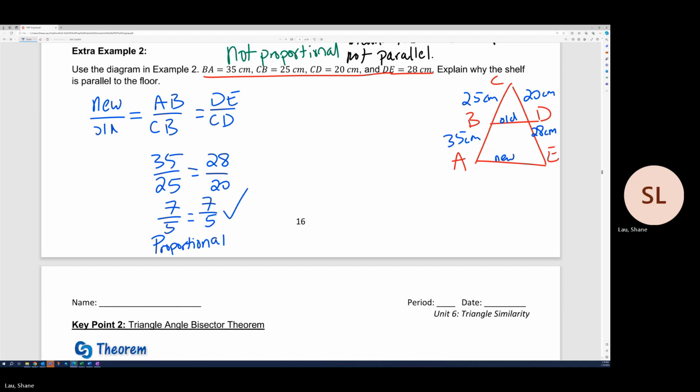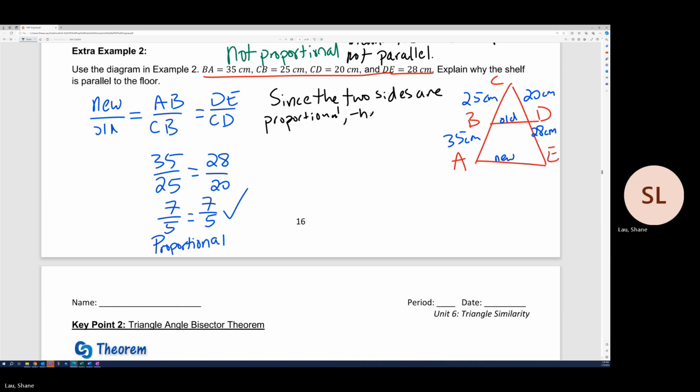Okay? And so for our sentence here, we would write, since the two sides are proportional, they are parallel. Oops, sorry, not they. I don't want to write they. We gotta be specific. Okay, be very specific.